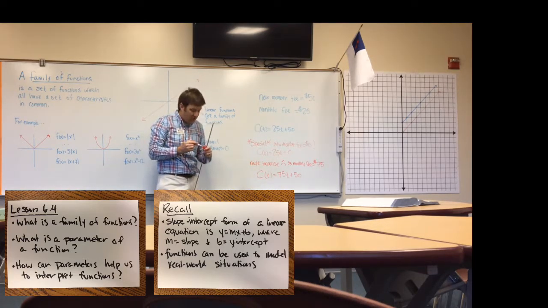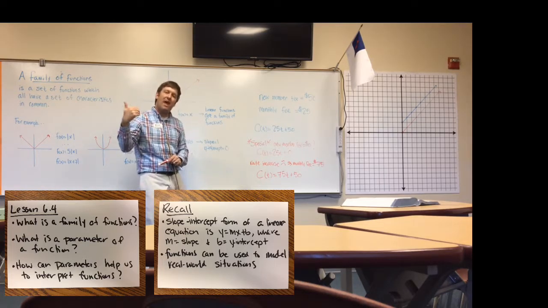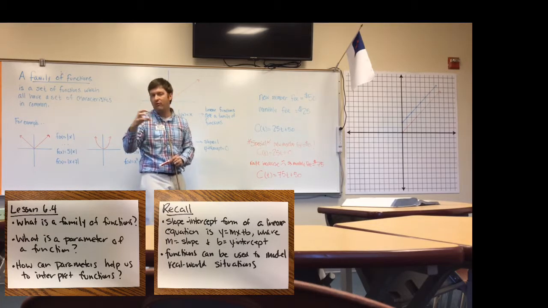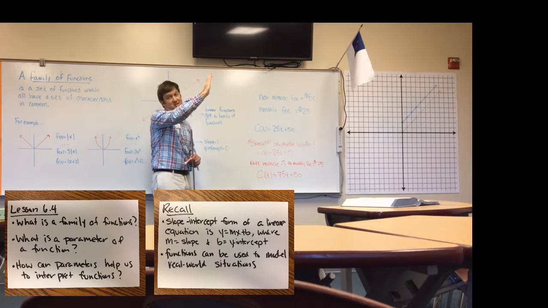The rate of change of the cost has gone up. Because for every month, every change in x of 1, my change in y goes up not by 25 but by 75. So my slope is now change in y 75 over change in x 1. Rise over run, however you want to describe it, the slope has changed because the rate of change of the cost has changed.